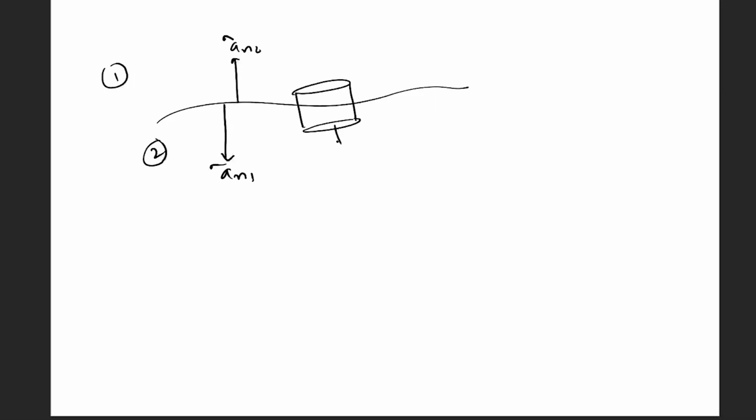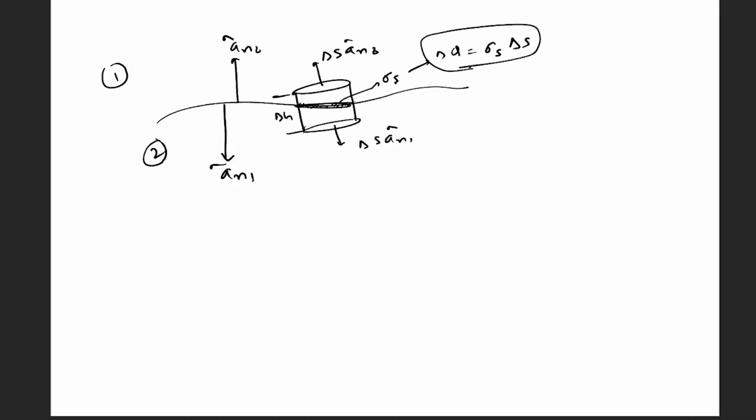This is delta S a_n1, this is delta S a_n2 in vector form, because a_n2 is in this direction and this area is taken in this direction, and this height is, let us say, delta h. I am assuming that this surface has a surface charge density sigma_s. So this surface is going to have a charge delta q equal to sigma_s delta s.